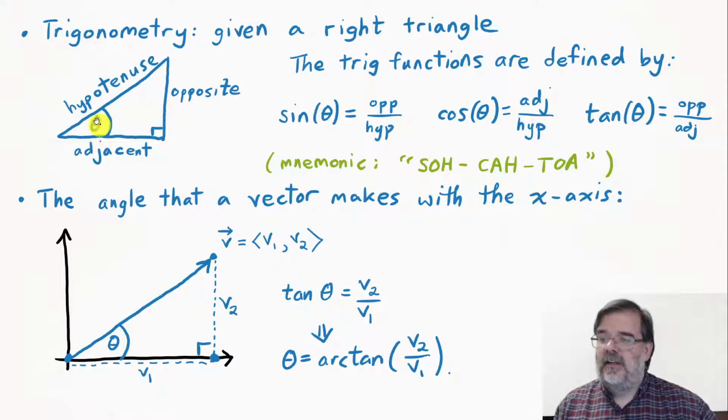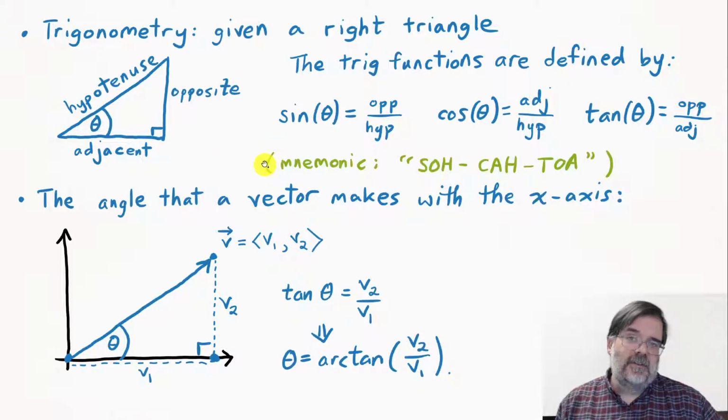So the sine of this angle is defined to be the length of the opposite divided by the length of the hypotenuse. The cosine of this angle is defined to be the length of the adjacent side divided by the length of the hypotenuse. And the tangent of this angle is defined to be the length of the opposite side divided by the length of the adjacent side.